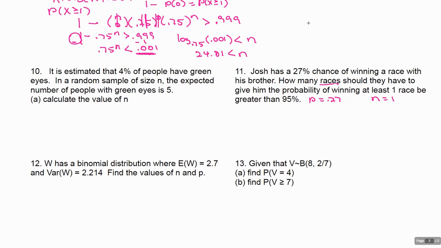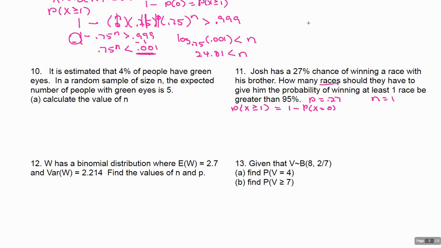Now, I'm not sure this is worded the best, but again, you'll notice it's the probability of at least 1. The probability of at least 1 is equal to 1 minus the probability of x equaling 0.